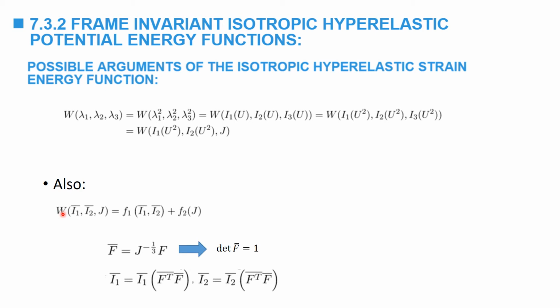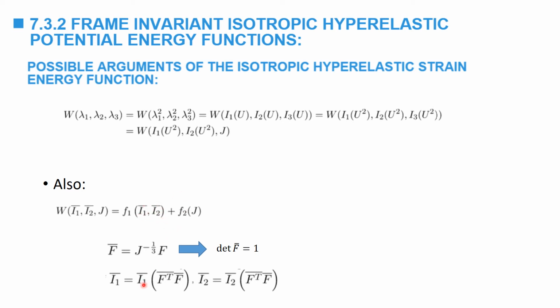You can also choose to write the energy as two functions. One function is with no volume change, and another one is associated with volume change. The one that's associated with volume change is a function of the determinant of F, J, while the other term is a function of I1 bar and I2 bar.